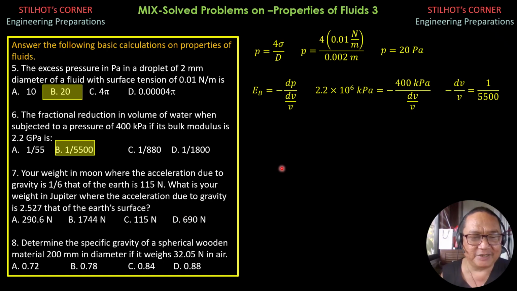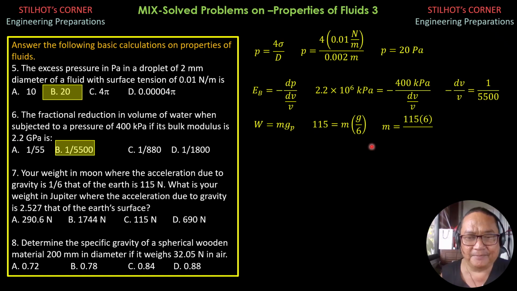So weight is equal to mass, which is constant, times pull of gravity, acceleration due to gravity of the place. So if we have your weight in moon, 115 newtons, equals your mass, which remains constant regardless of position or any place, times g over 6, where g is the acceleration due to gravity near the Earth's surface.